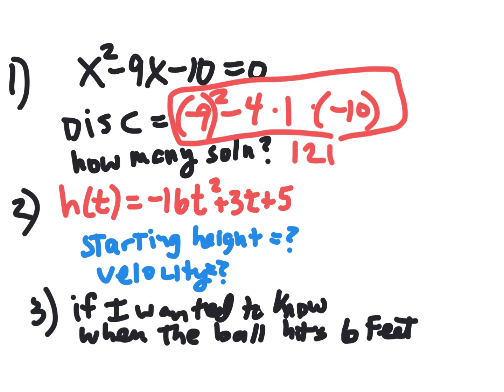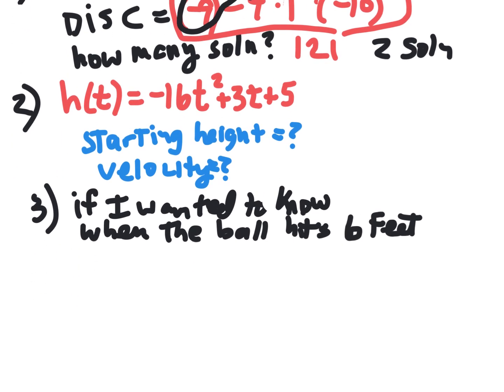Does that tell you how many solutions I should have? 2. Yes. Squared, negative becomes positive 81. And there's 2 negatives here and here, which makes that positive 40. So 81 plus 40 makes 121.